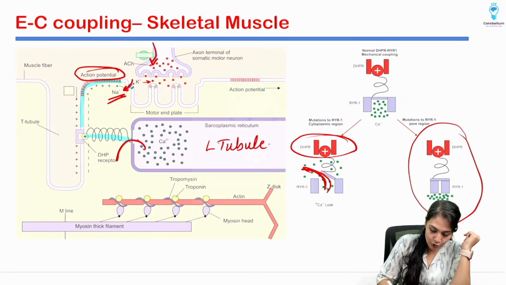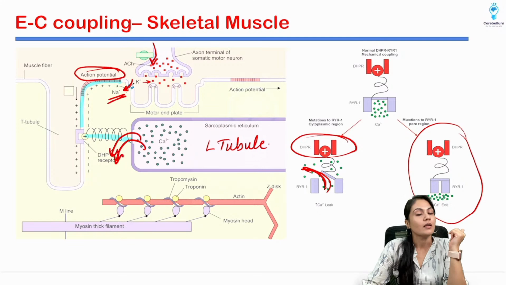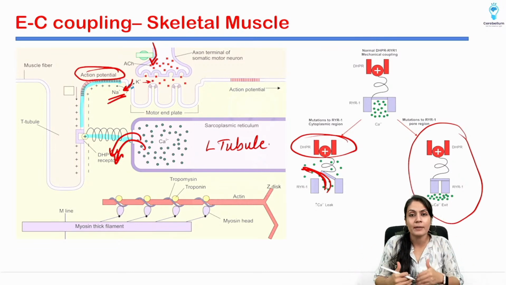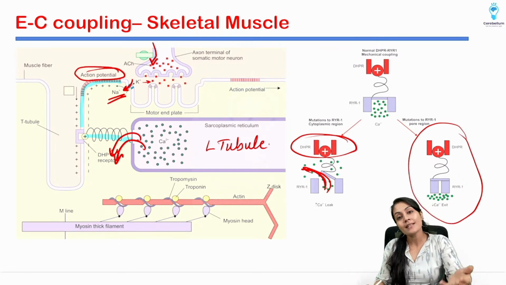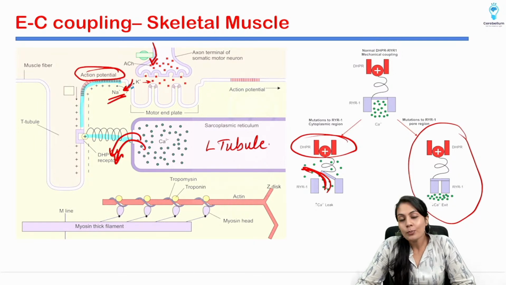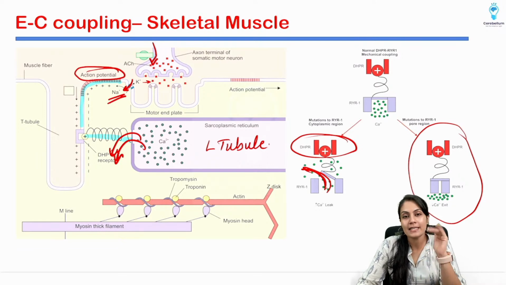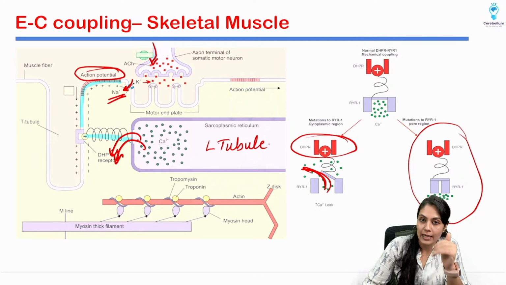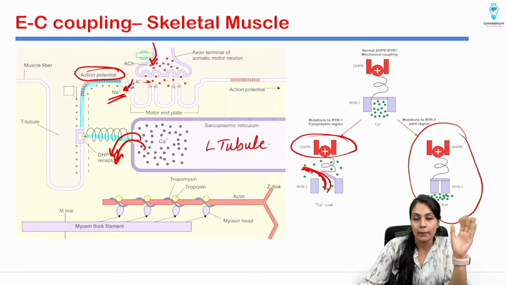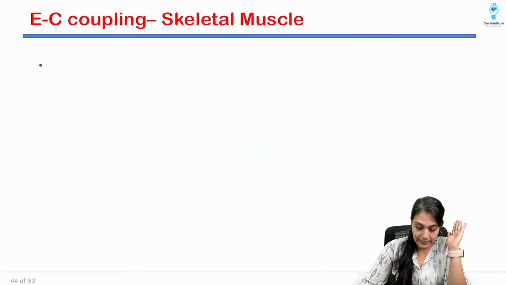As soon as the calcium comes out of the sarcoplasmic reticulum into the myoplasm, just as in the cell we have cytoplasm, in the muscle we have myoplasm, there are filaments present, that is actin and myosin, and they are ready to meet each other. And who makes this possible? The calcium. As soon as the calcium enters the cytoplasm of the muscle, that is the myoplasm, the contraction will take place.